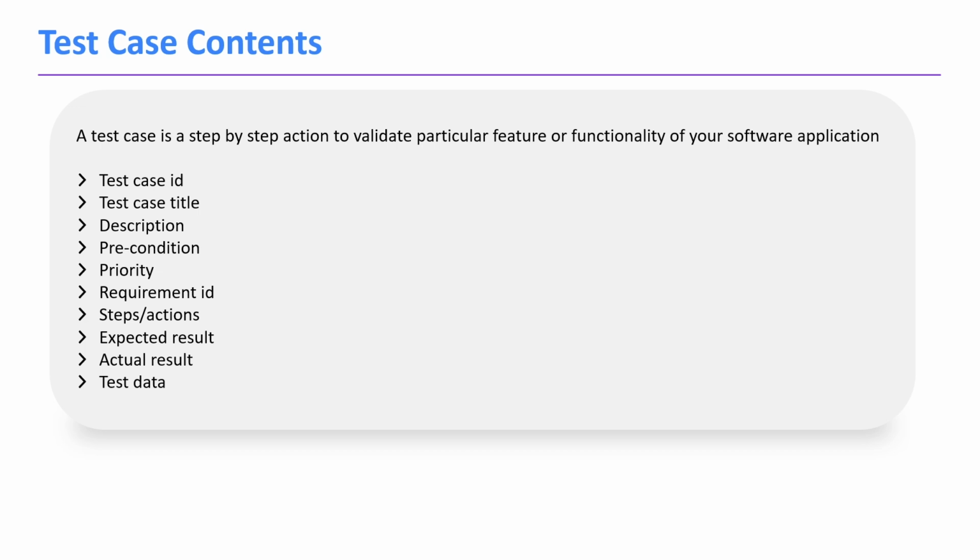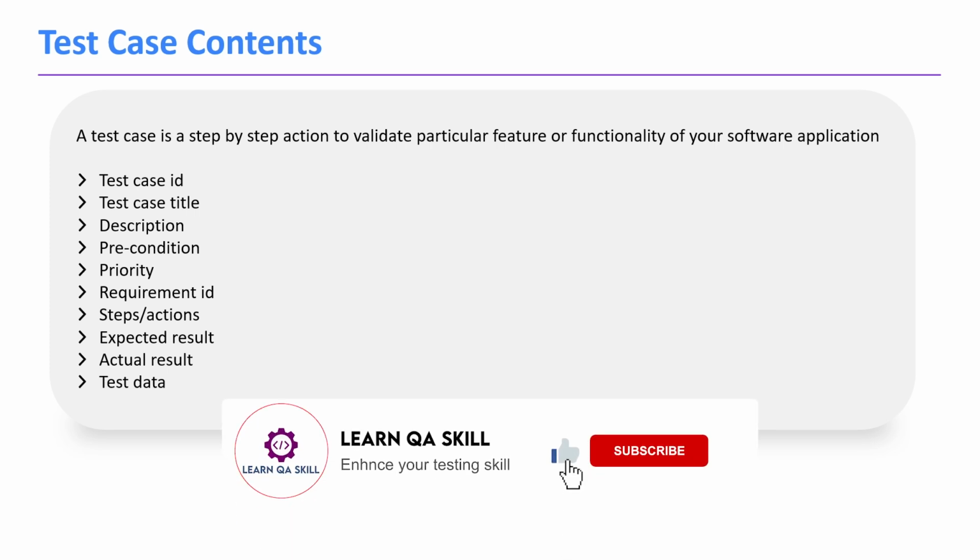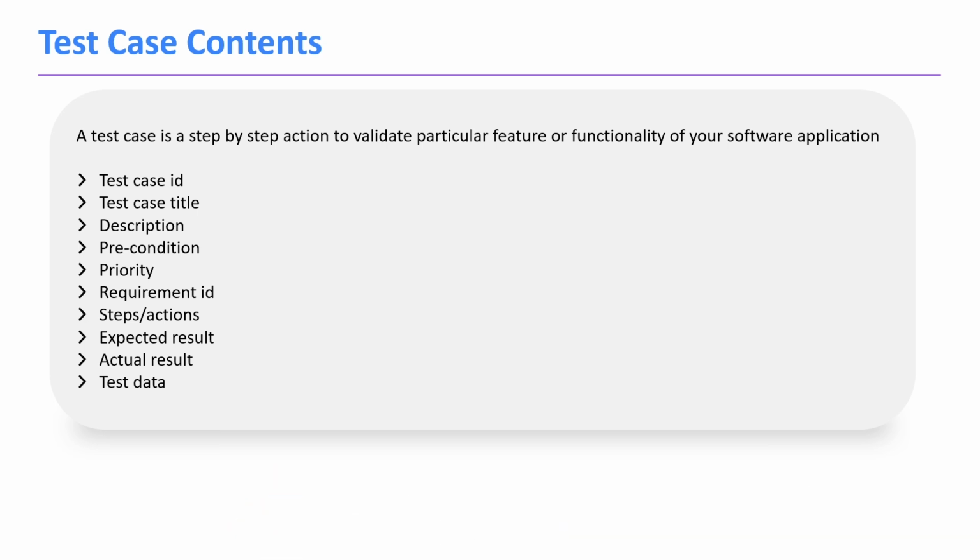So if you are performing any action, according to your requirement document, what should be the expected result, that should be mentioned in this section or in this column. Then the actual result means whenever you are executing your test cases, what result is coming when you are executing your steps or action, or what is the behavior of an application at that time while executing your test cases.